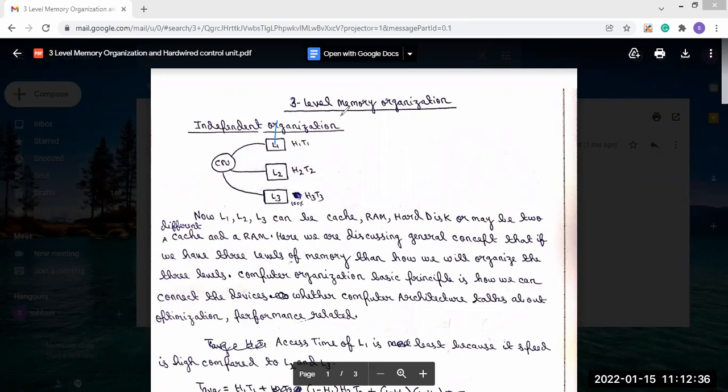But in the computer architecture part, we have seen the pipelining concept, the delays, and the data hazards.